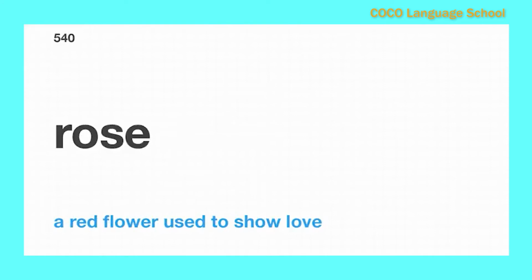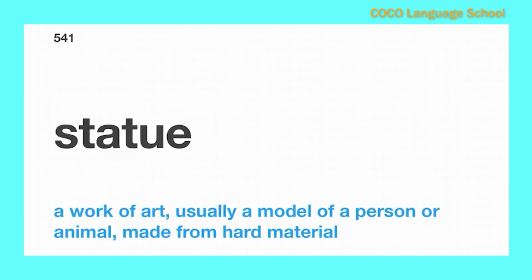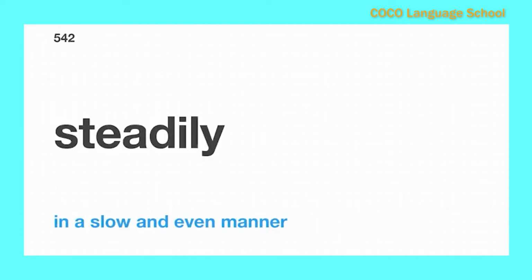A red flower used to show love. Rose. A work of art, usually a model of a person or animal, made from hard material. Statue. In a slow and even manner. Steadily.